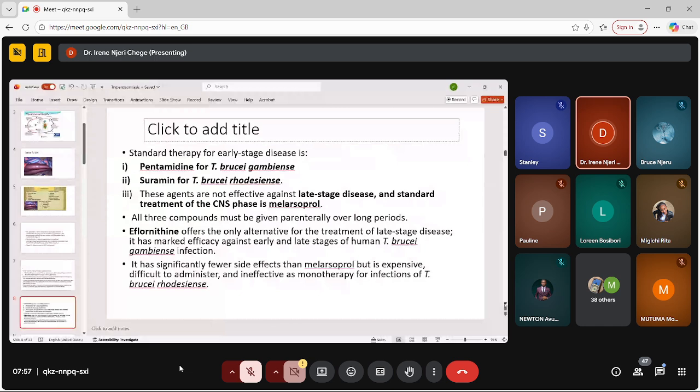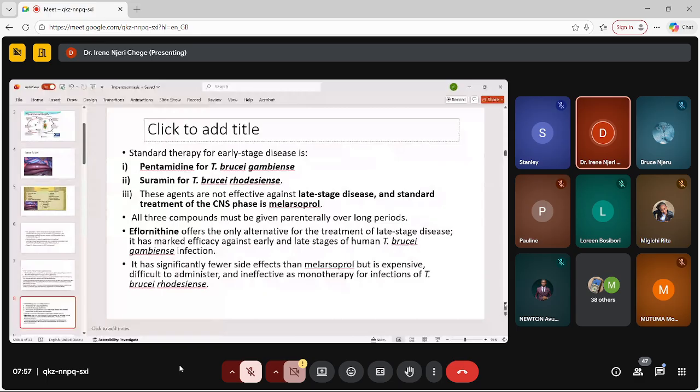Okay. Now, let's see in these slides, cover the drugs. I think we can start with pentamidine, which we have said is used in early disease where there's no CNS involvement because it does not cross the blood-brain barrier.